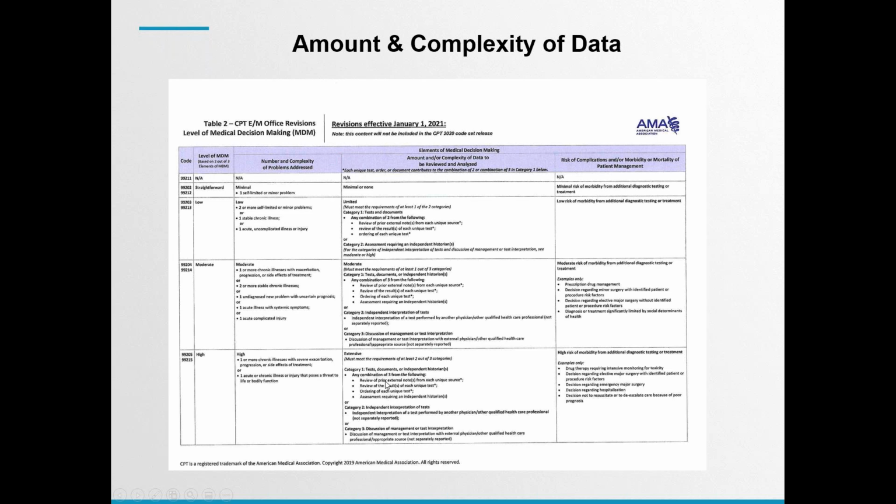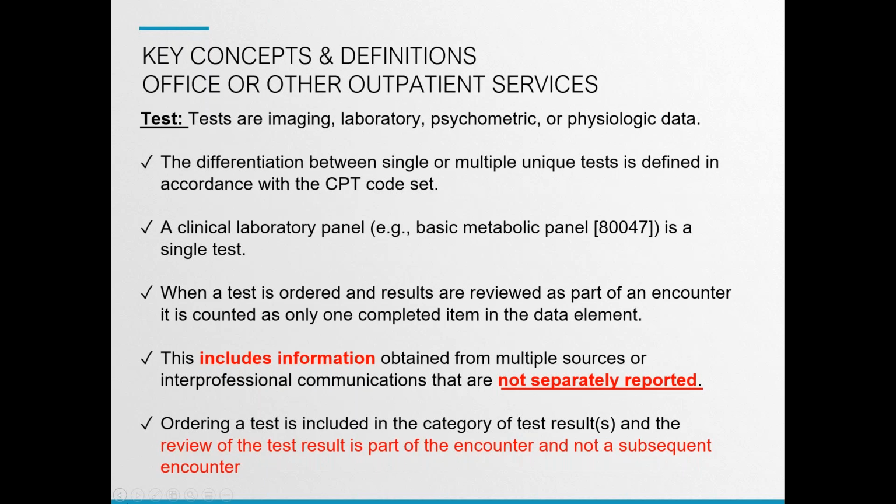So maybe it's Category 1, which are the 3 bullet points, and Category 3, the discussion of management or test interpretation, or maybe it's Category 2 and Category 3, but you would have to meet the requirements of 2 of these 3 categories. So let's go back and talk about tests, right?